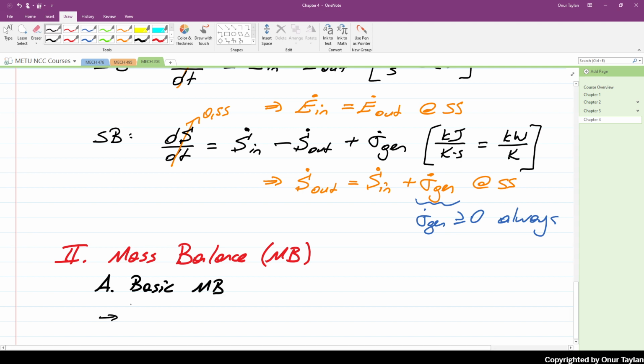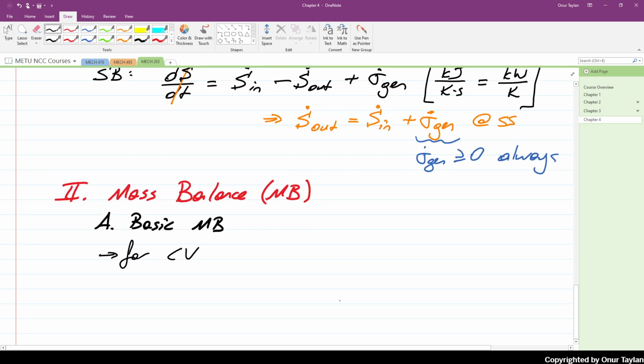Let me start with the fundamentals of the mass balance for a control volume. Let me put a schematic over here. Consider a system, whatever the system is, with the system boundary as such. It has the incoming mass, m dot in.